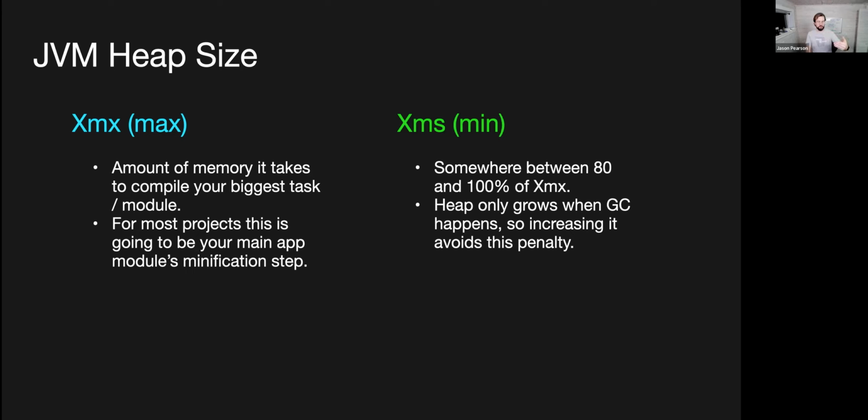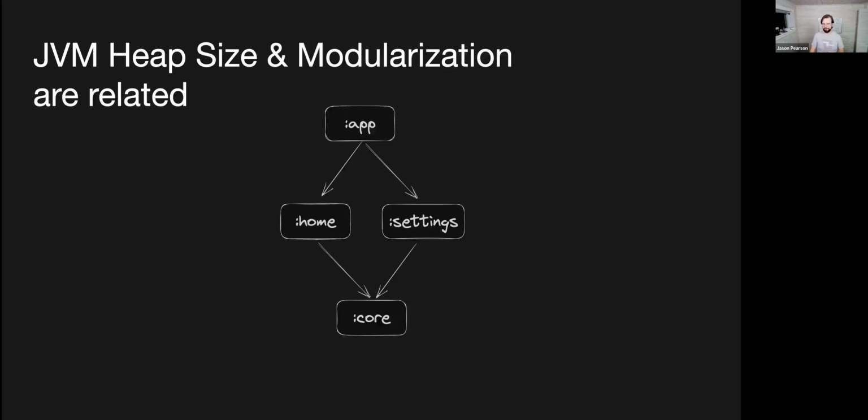If you know that eventually your build is going to grow to 16 gigabytes or 12 gigabytes or 4 gigabytes, why not just set the minimum to that amount? Then you don't have to deal with GC pauses early on in your build. And I did mention earlier in the talk that the various Gradle options and modularization, all of that stuff is related to the JVM arguments. And specifically, this is how.